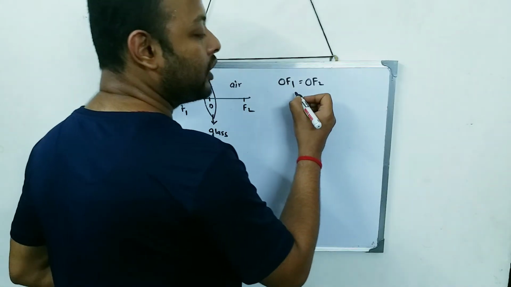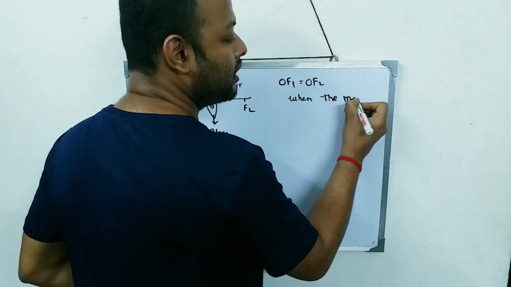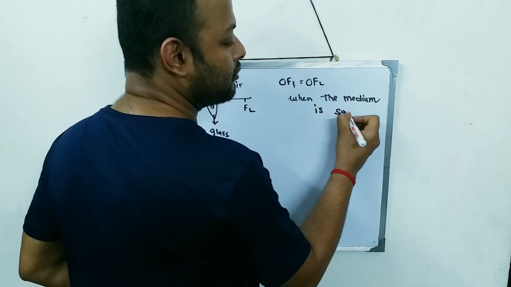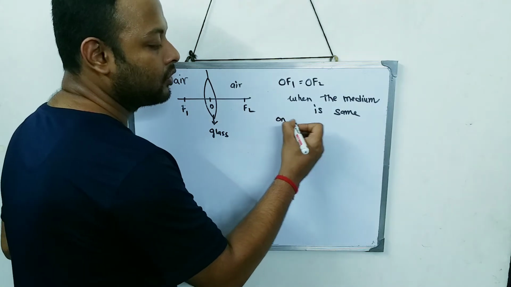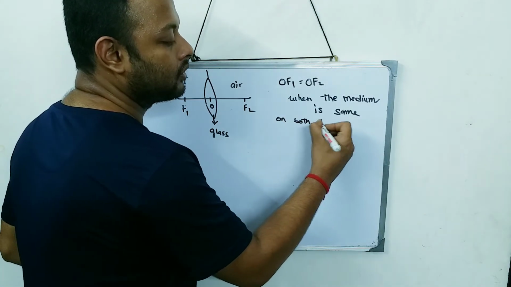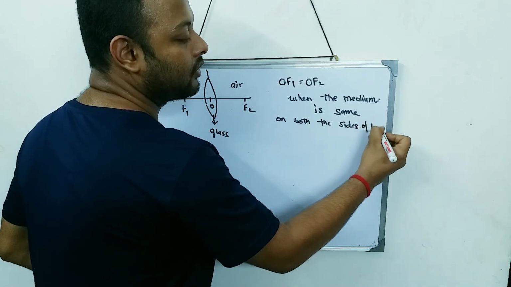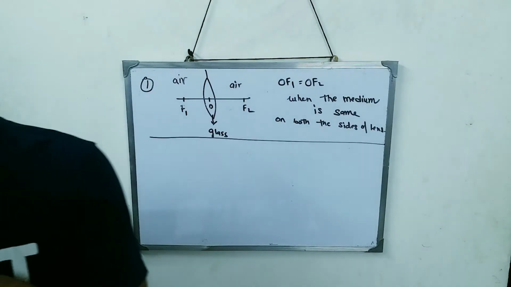So OF1 equals OF2 when the medium is the same on both sides of the lens. I hope this part is clear to you. This part is very easy.